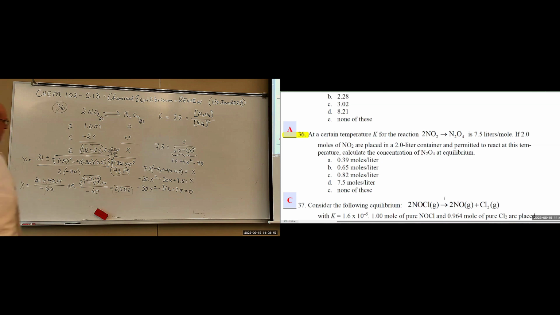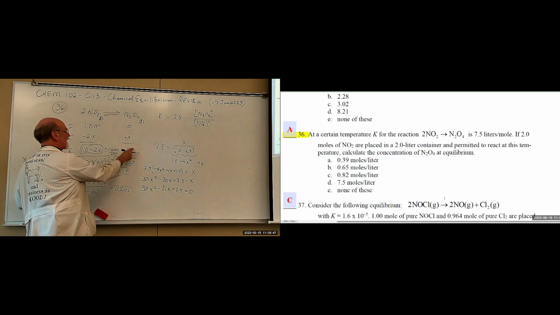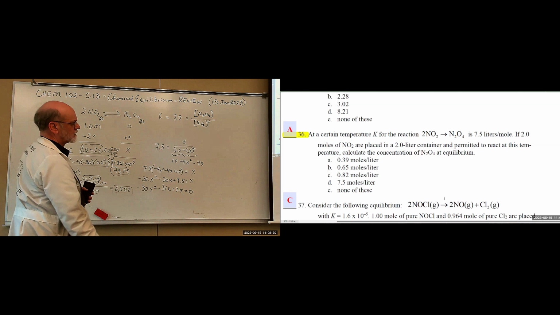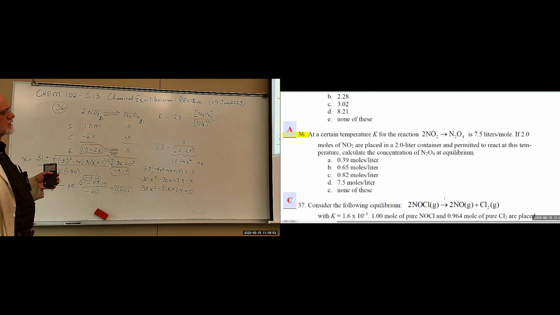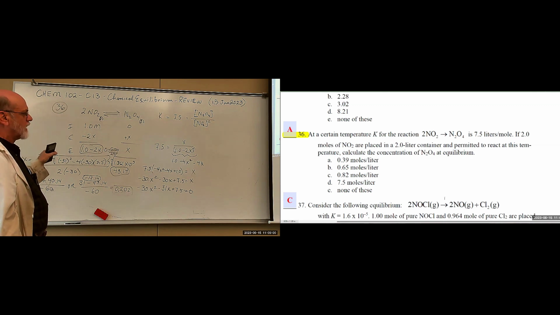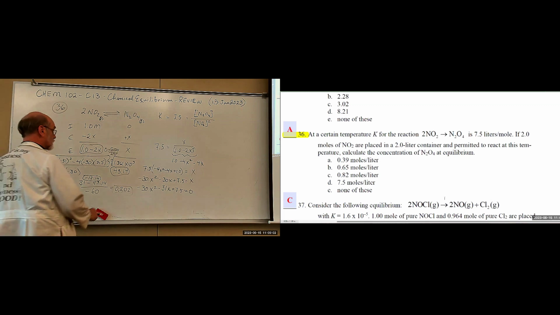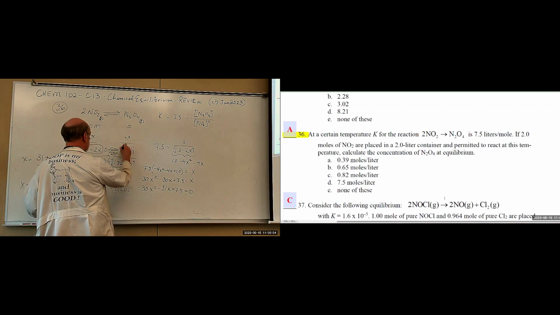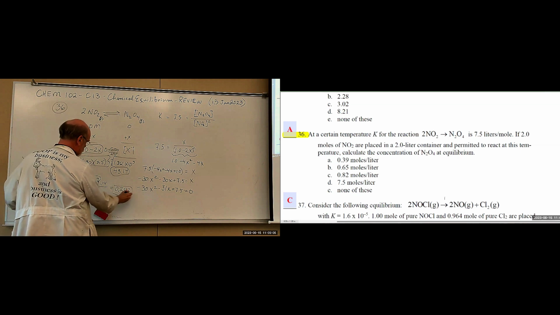Because we picked the X right. Because the X is our answer. We didn't have anything in there already, did we? Moles of NO2 are placed. Calculate the concentration. That's the concentration there. All right, so I'm not sure.